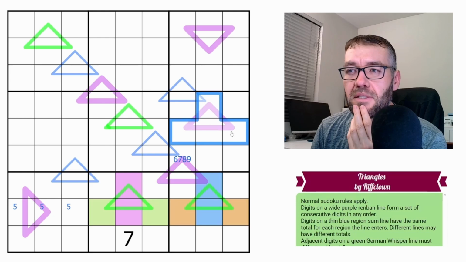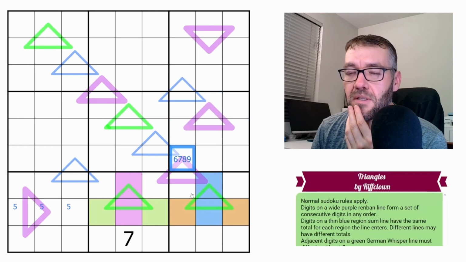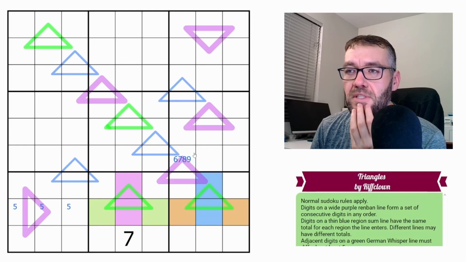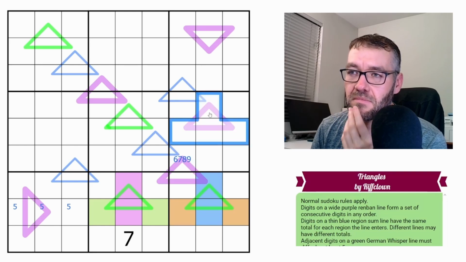Maybe this Renban line tells us something about this one. This can't be 6, 7, 8, 9 because that would break this cell. So if this is 9, this could still be 5, 6, 7, 8.